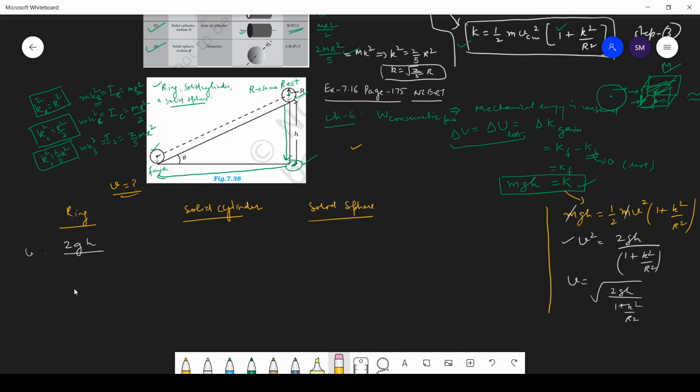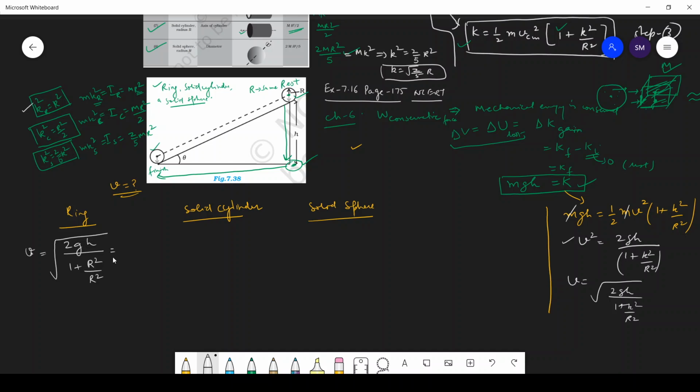What is K square in case of ring? K square is equal to R square. So put the value of K square divided by R square: R square cancels out, and then 1 plus 1 will be 2. So 2 also cancels out.